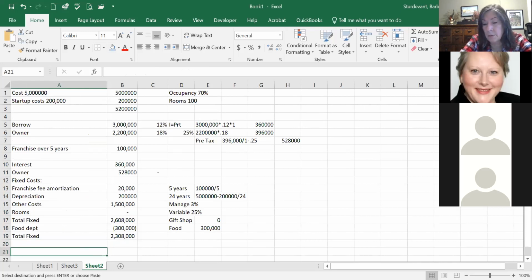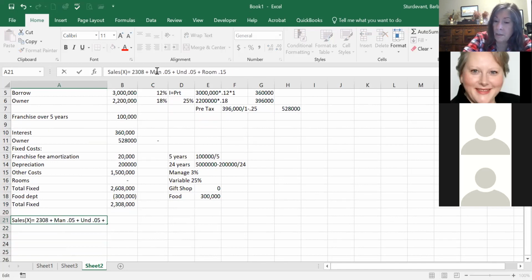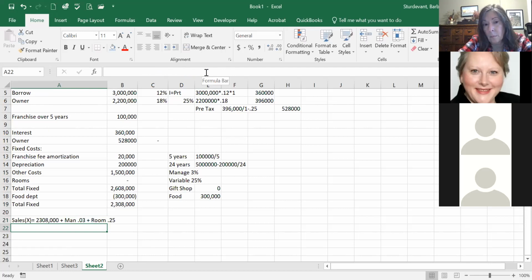All right, so now we're going to put into our formula here. Yes, I'm being lazy. So we're going to put in our 2308. Our management fee in this case is only 3%. And then we have rooms, a variable of 25%. So we'll turn it again into an algebra problem.